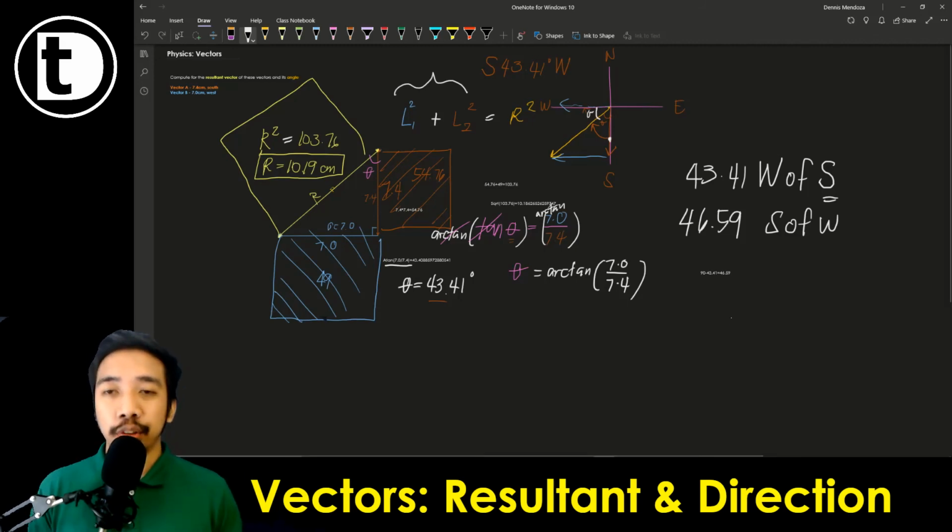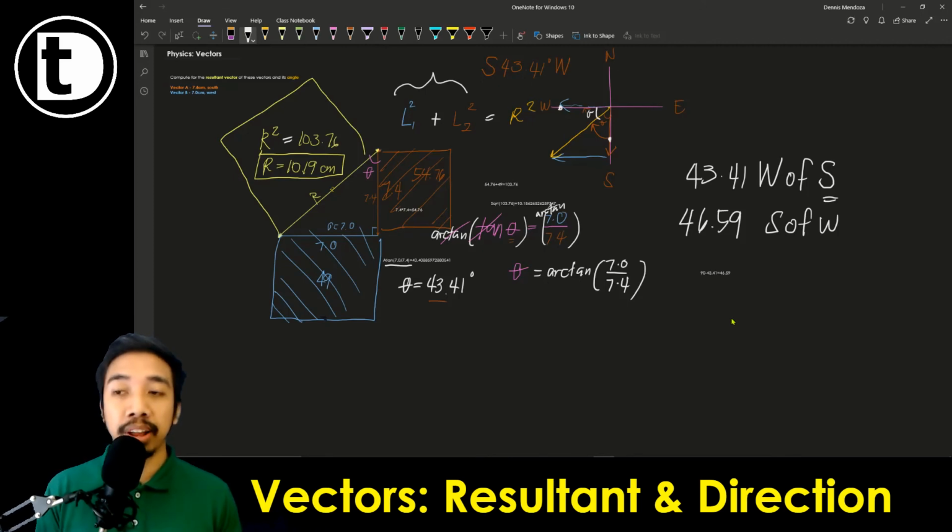Coming from the west, that's the reference. That's why we have it as the second, of west. Where are you coming from? Since you are going to the south, you write south of west. Again, you write the angle. That's all there is to it.